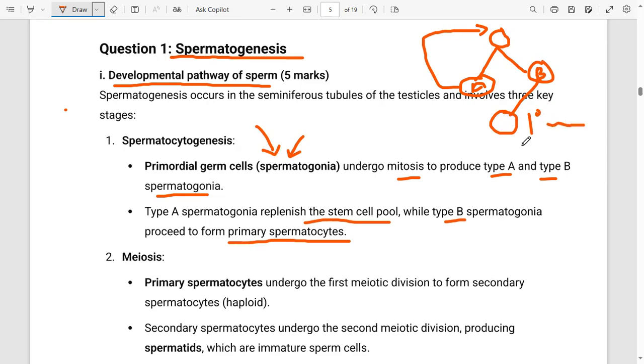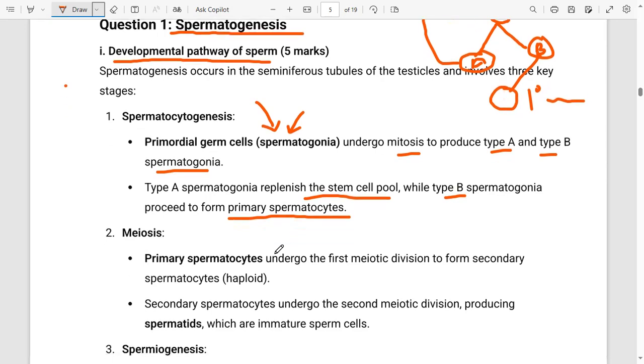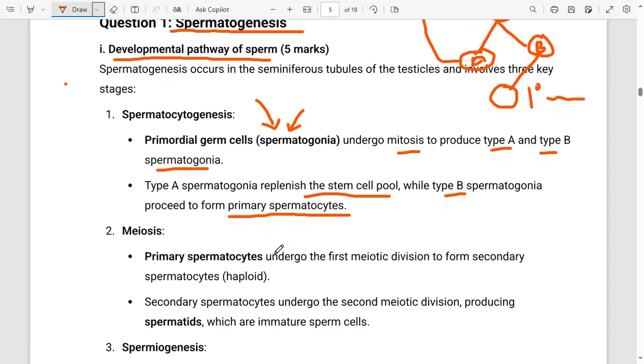This primary spermatocyte undergoes 2 divisions using meiosis. The primary spermatocyte will undergo the first meiotic division to form secondary spermatocytes.